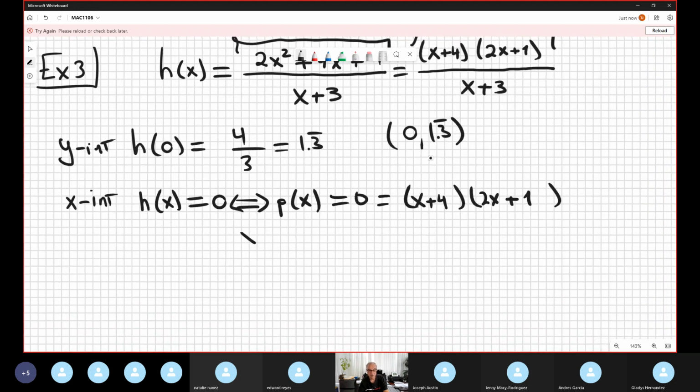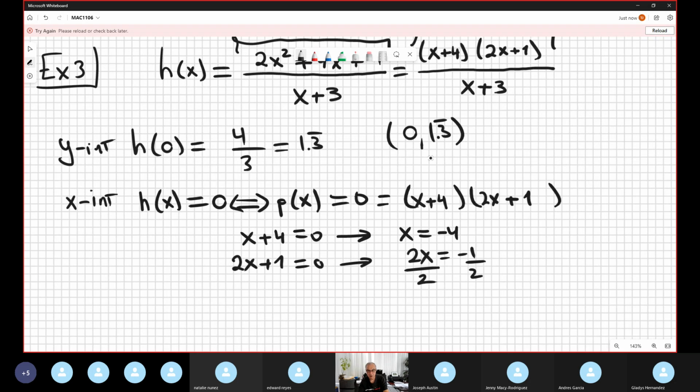Therefore, x plus 4 equal to 0 is equivalent to saying x is negative 4. And 2x plus 1 equal to 0 is equivalent to saying 2x equals negative 1, divided by 2 both sides, x is negative 1/2.